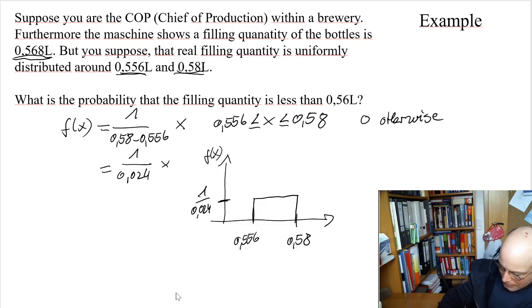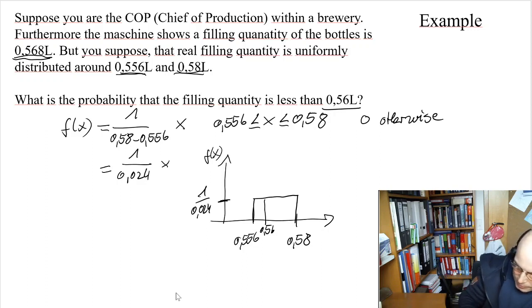Okay, and then, what is the probability of less than 0.56? So we go in here, 0.56. So the probability is just this area here.